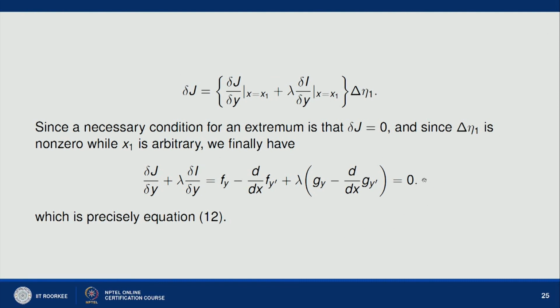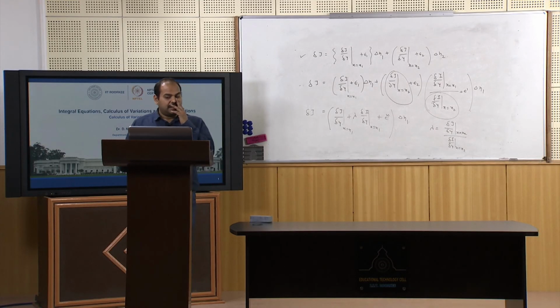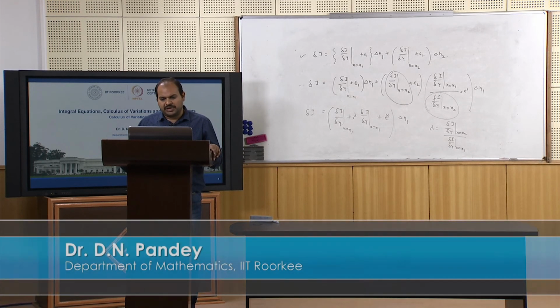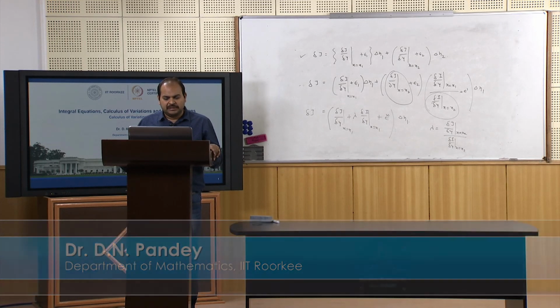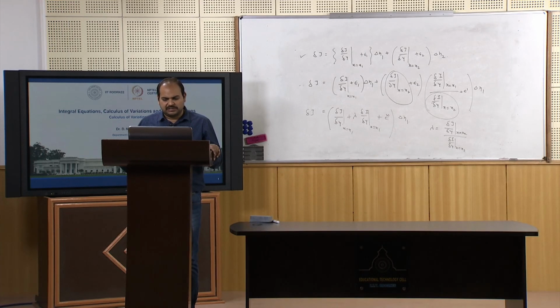So here we have discussed the generalized isoperimetric problem, which is that we want to extremize the functional j of y, provided the other functional keeps a constant value. So we have proved the following theorem, which says that if you want to extremize the functional j of y equal to integral a to b of f of x, y, y dash dx, and y is the extremal of this functional, provided that the value of the other functional is constant, then y equal to y of x is an extremal of the functional integral a to b of f plus lambda g dx.